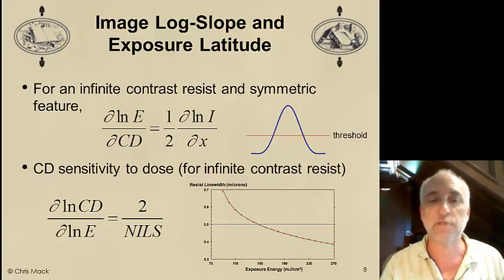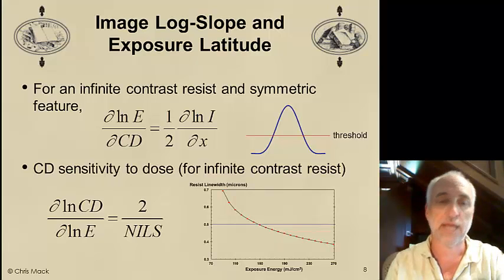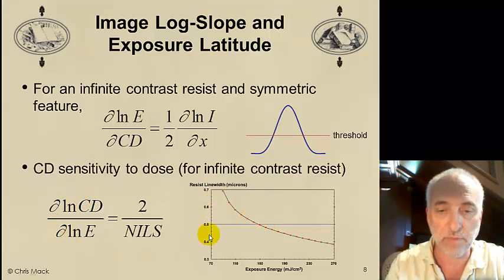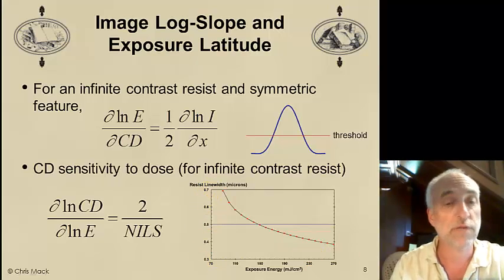But here we see in a very simple way how the NILS controls exposure latitude. Now, while we're looking at it, this term would be the slope of this curve if I plotted it on a log-log scale. Here I plotted on a linear scale, but if I plotted it on a log-log scale, this would simply be the slope at the nominal CD.